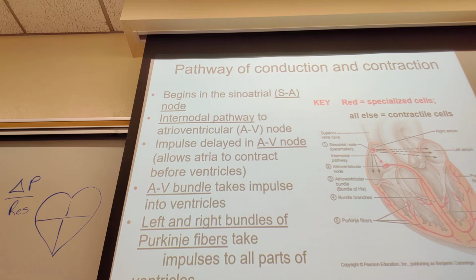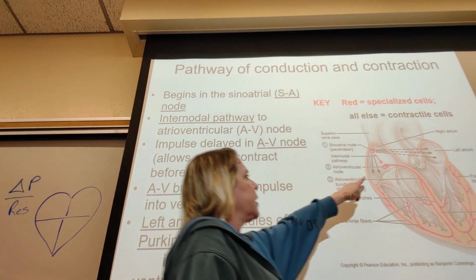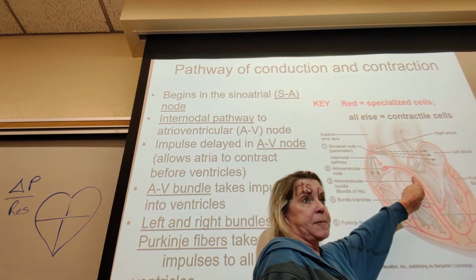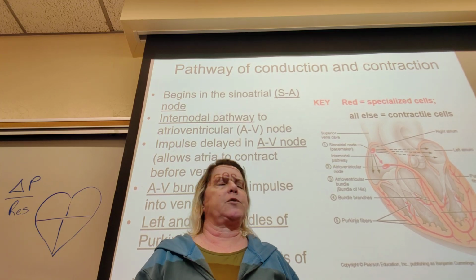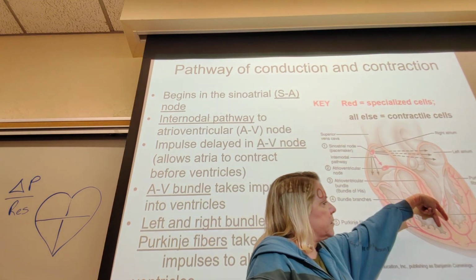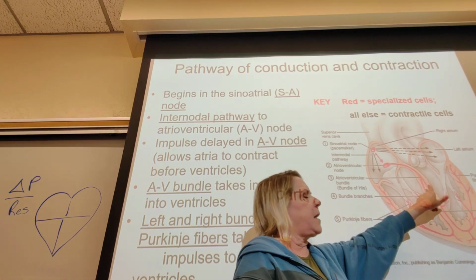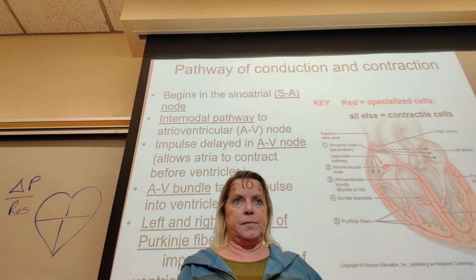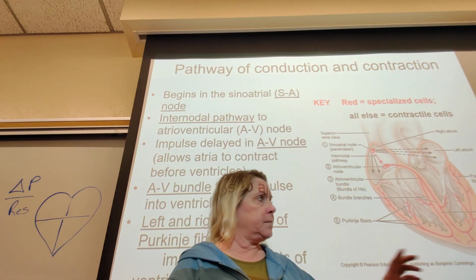So the AV bundle is this part right here going through the atrioventricular septum. Fibrous material, not a good conductor of electricity. And then we see a bifurcation, a splitting. Those are called the right and left bundle branches. Remember, it's the patient's right and the patient's left.